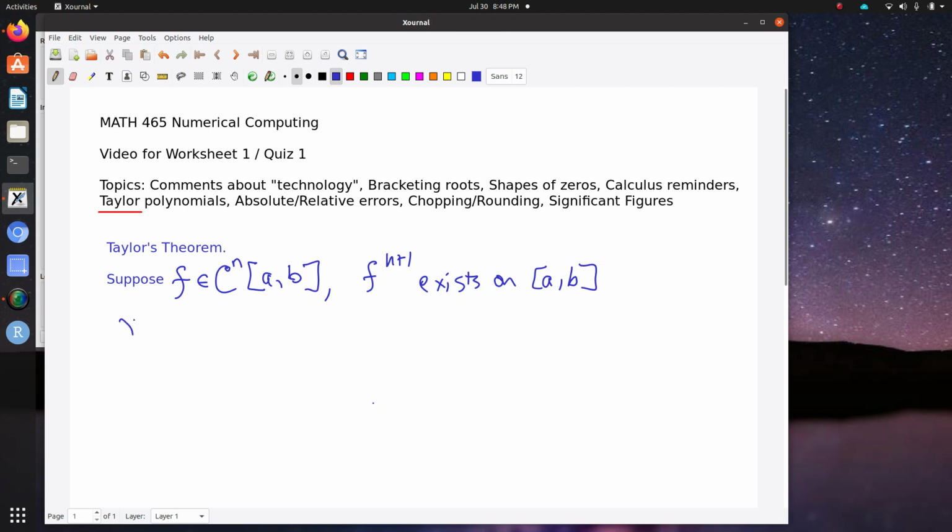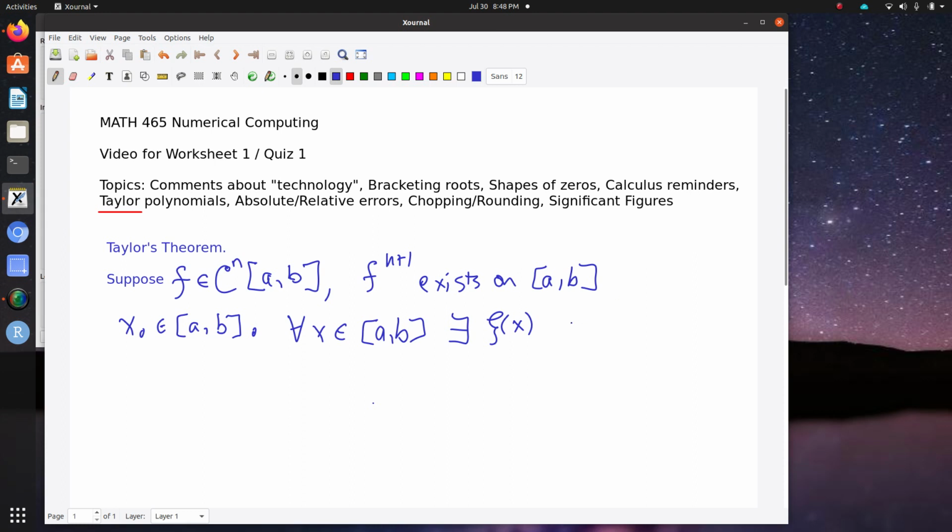Then x naught is somewhere in that interval. We don't know where, somewhere. And for all x's that are in that interval, there exists some crazy value c, which depends on x. Seriously, it can't just be anywhere inside the interval. Nope, it has to depend on the x that we picked.